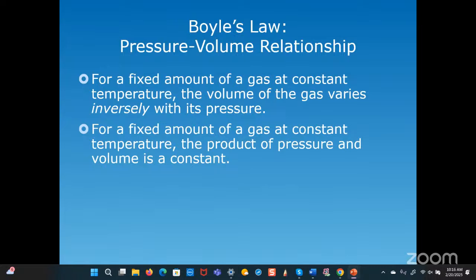You're going to see quantitatively, when you do your calculation, that there is indeed an inverse relationship between the pressure and volume of the gas, right? So these are different ways of expressing Boyle's law in words. Mathematically speaking, you can express it this way. P times V is equal to a constant, or P initial times V initial is equal to P final times V final, or I prefer to express it this way.